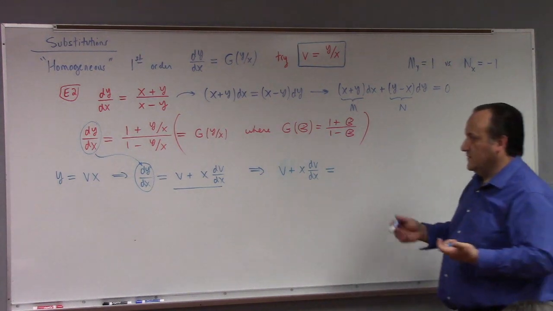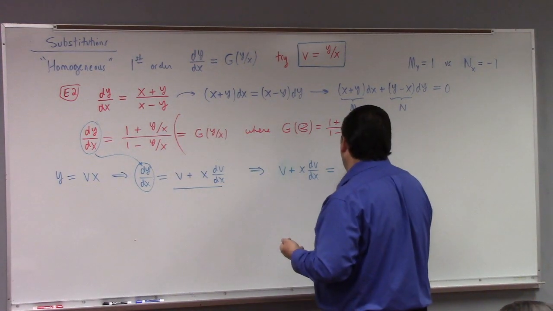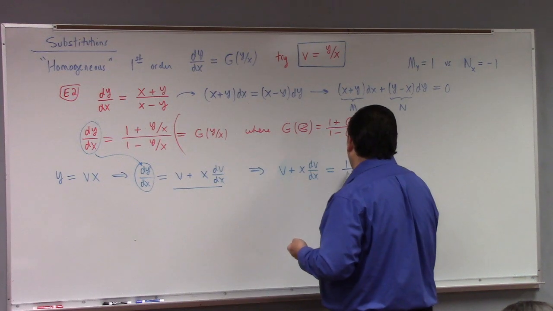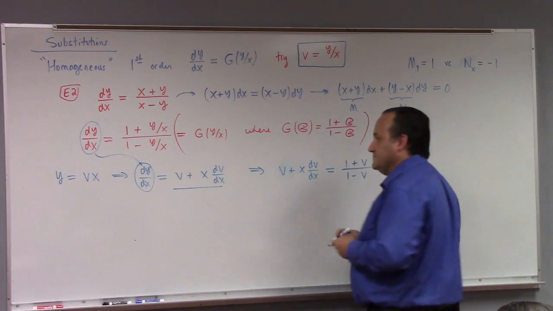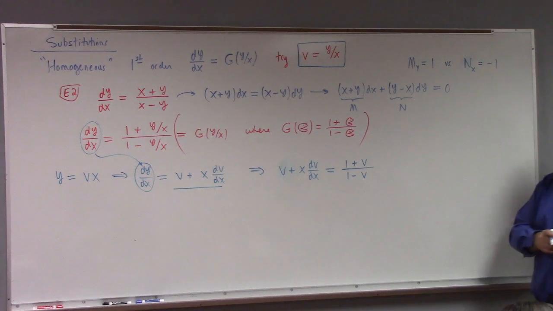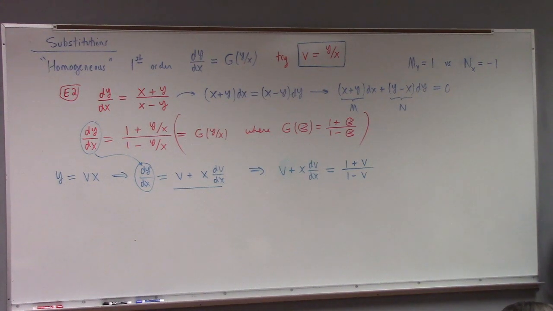It's just 1 plus v over 1 minus v. At this point, the substitution is done, right? We've got everything in terms of x and our new variable v. Can we solve this differential equation?